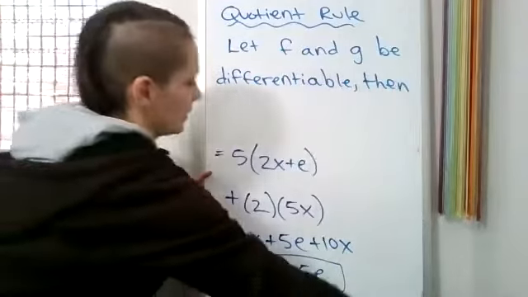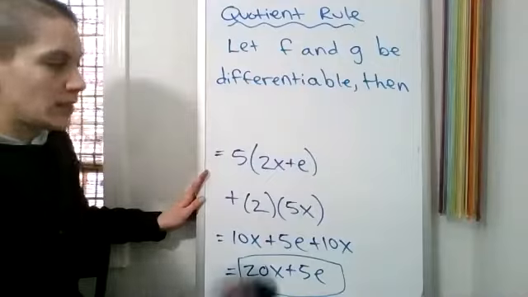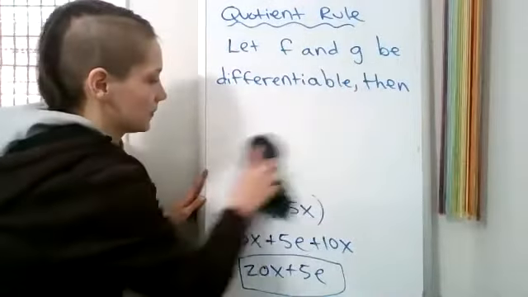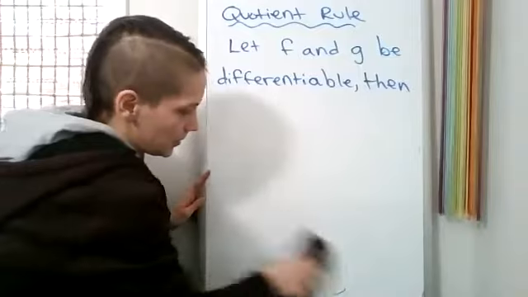The derivative of f of x divided by g of x. I guess we need g of x to not be the 0 function.